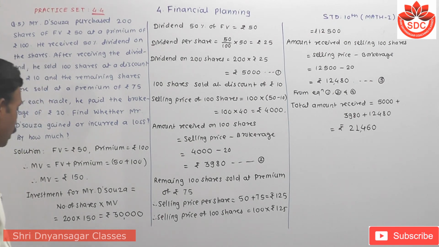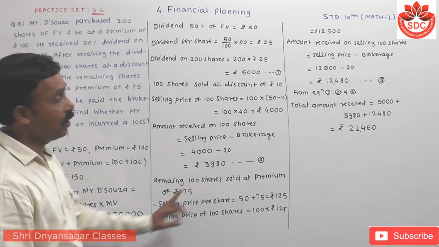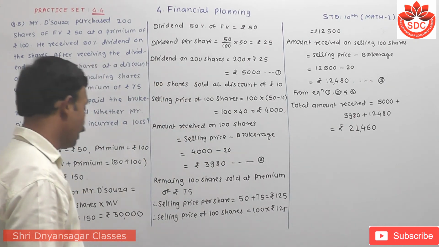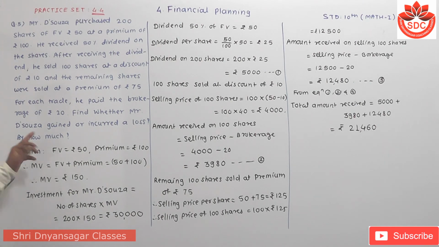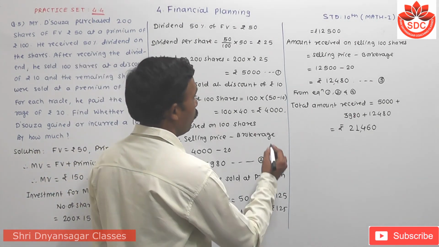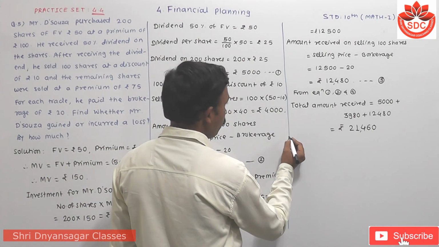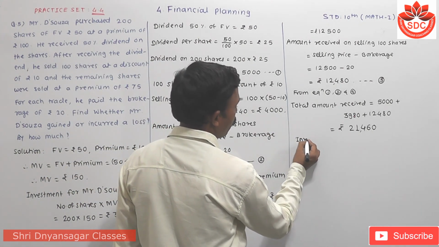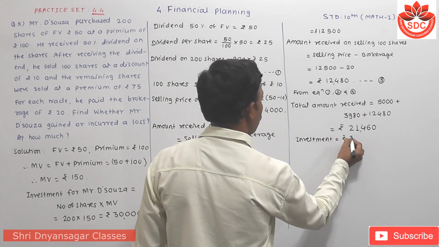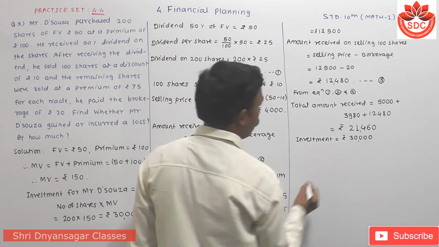Now the investment of D'Souza is 30,000, and the amount received is 21,460, which is less, so in this transaction D'Souza has a loss and we have to find it. Therefore, the total investment is rupees how much? 30,000.